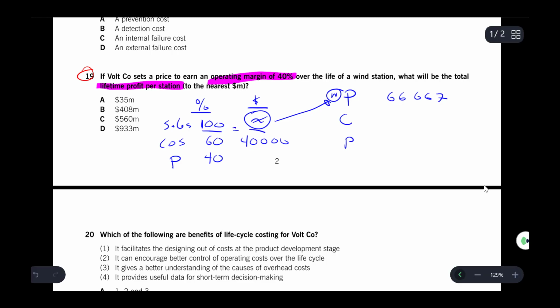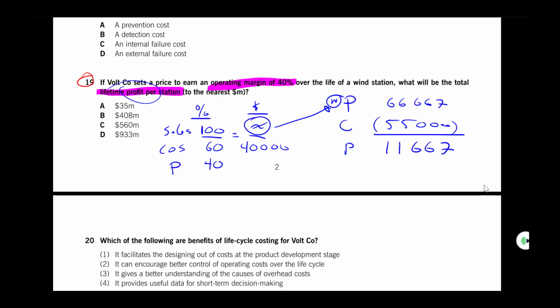Now, the cost per gigawatt is 55,000 from the question. So the profit per gigawatt then is going to be 11,667. But we want it over the life. So how many gigawatts are we doing per year? That's 1,750. How many years will we be in operation? That's 20 years.